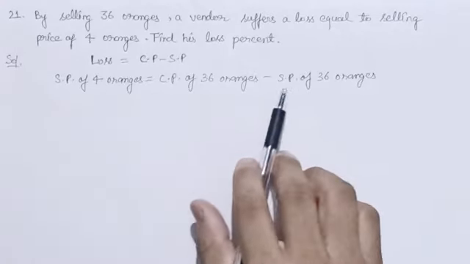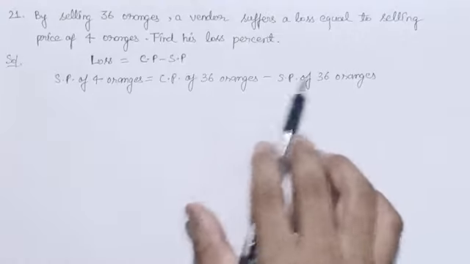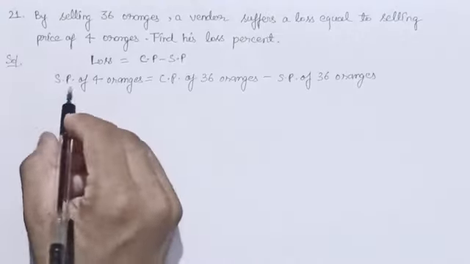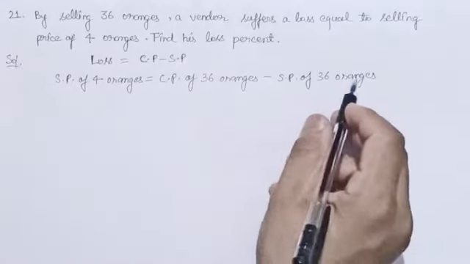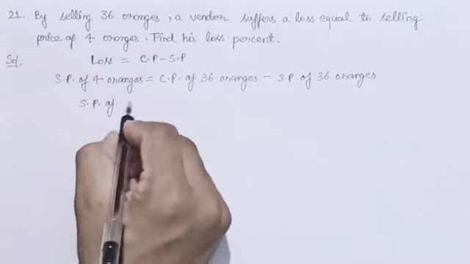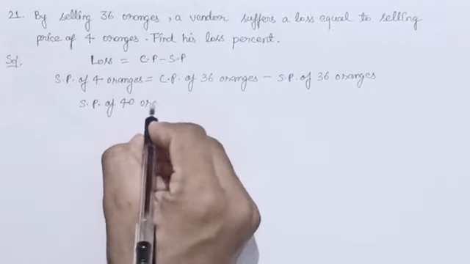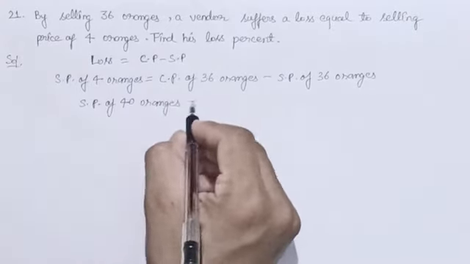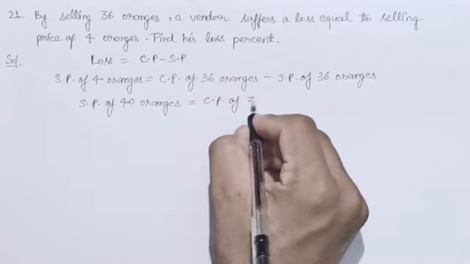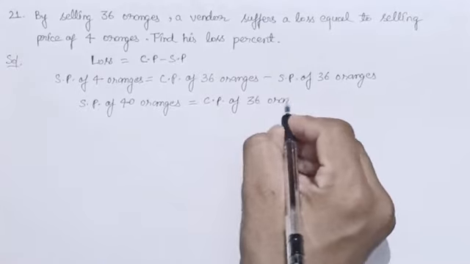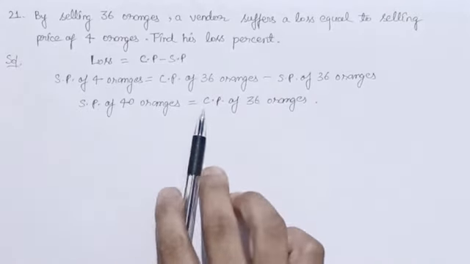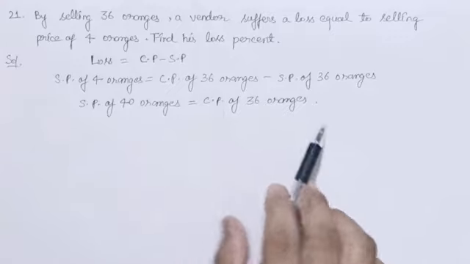So when we take this term from right hand side to left hand side, it becomes positive. So what we have, SP of 4 oranges plus SP of 36 means SP of 40 oranges is equal to CP of 36 oranges.